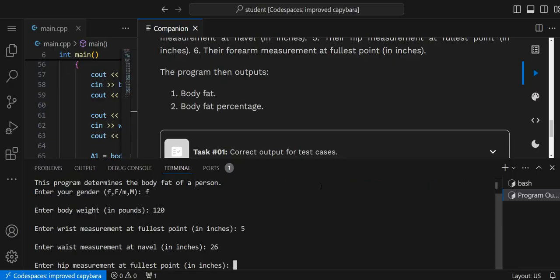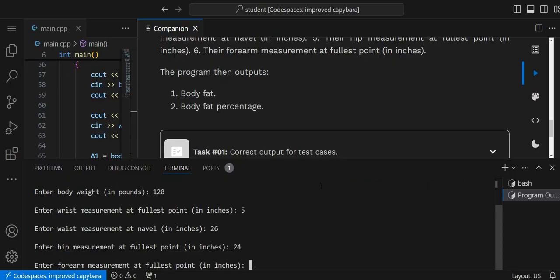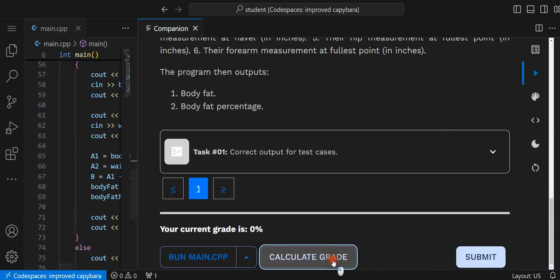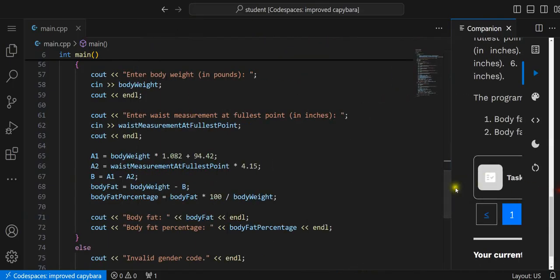Enter hip measurement at fullest point in inches. Enter forearm measurement at fullest point. Body fat percentage 24.1. All right, so let's go ahead and calculate that. Let's look at our code while that's calculating.